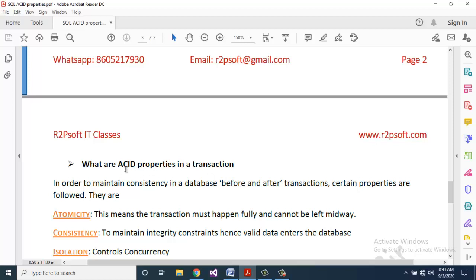Same question, what are ACID properties in transaction? In order to maintain consistency in a database before and after transactions, certain properties are followed. They are atomicity. This means the transaction must happen fully and can't be left midway.